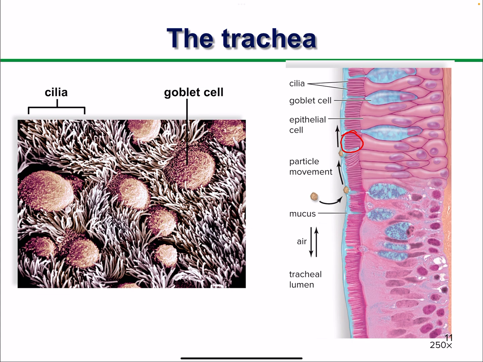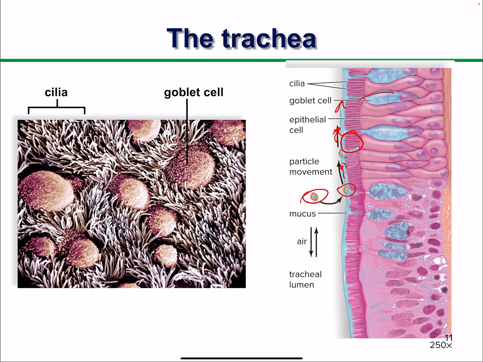It has cilia, and these cilia vibrate and push the mucus toward the throat, where the trapped particles move progressively and eventually are swallowed. The particles are neutralized in the stomach.